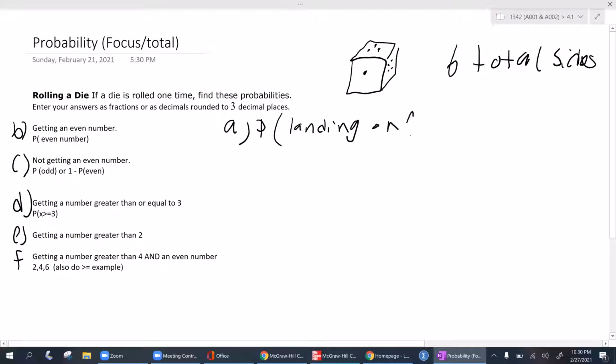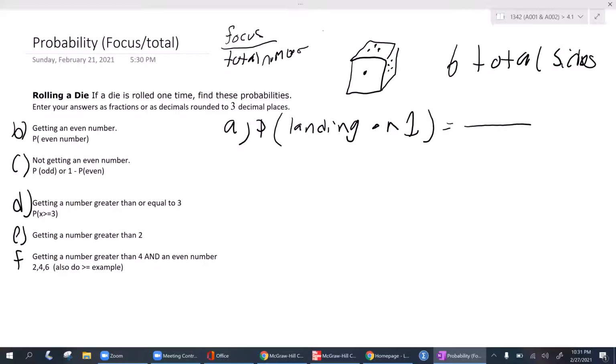Not one side, but on the actual number 1. How you find this is it's going to be your focus divided by the total number of possible outcomes. We need to remember that in the denominator, it's going to be the total sides. How many sides are there in the die? The total is going to be 6.